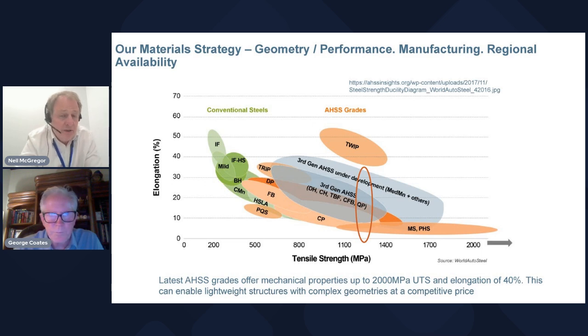There are parts with complex geometries where we need high formability or elongation, and then we can operate in another part of the formability diagram on the top left where we get higher elongation. There are times where we need high strength and formability, and you can see some of the latest third generation grades and the TWIP grades enable that as well.